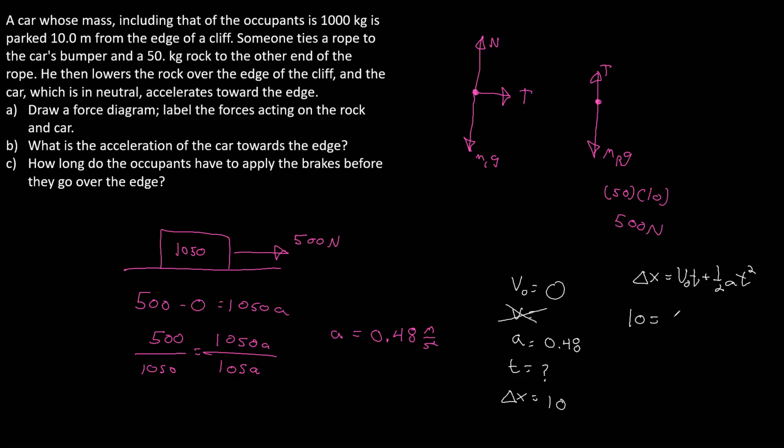10 equals 0 plus 1/2 A T squared. So I'm going to multiply both sides by 2 to get rid of the half. So 20 equals 0.48 T squared. Divide both sides by 0.48.